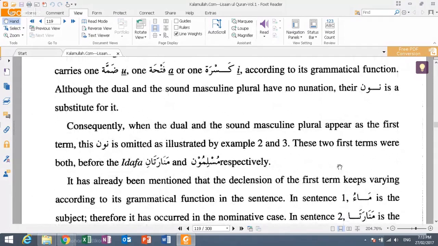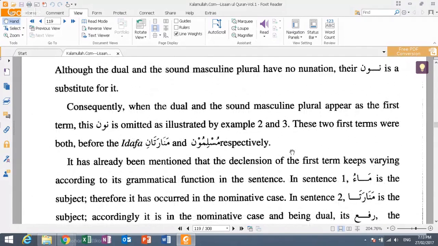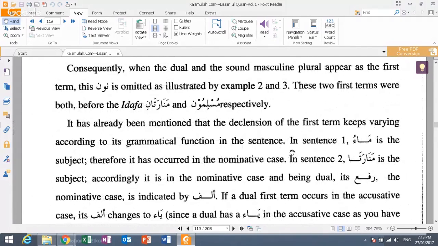These two first terms were both before the idafa Manaratani or Muslimuna, but when you write it, the noon is dropped. It has already been mentioned that the declension of the first term keeps varying according to its grammatical function in the sentence.